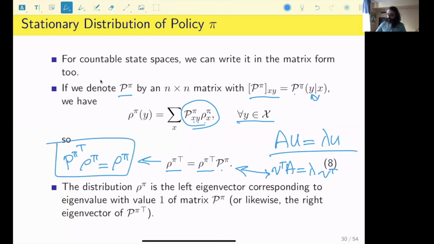So the stationary distribution rho pi is either the left eigenvector corresponding to eigenvalue 1 of matrix P pi, or the right eigenvector corresponding to eigenvalue 1 of matrix P pi transpose. That's the property of it.